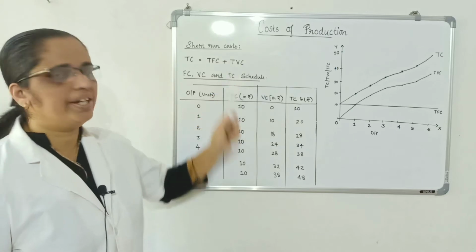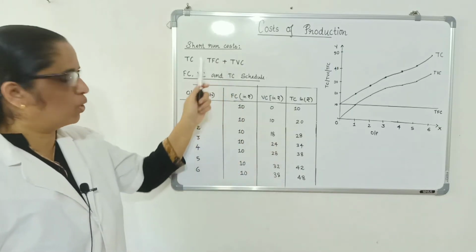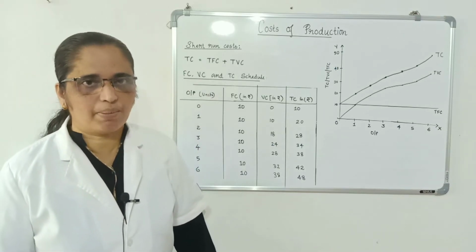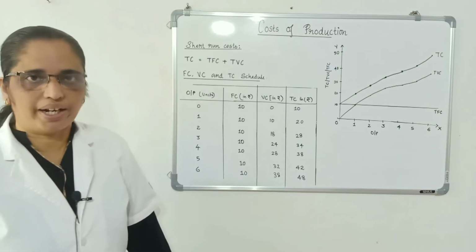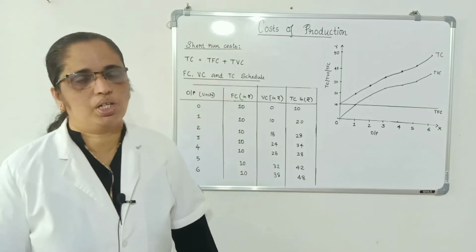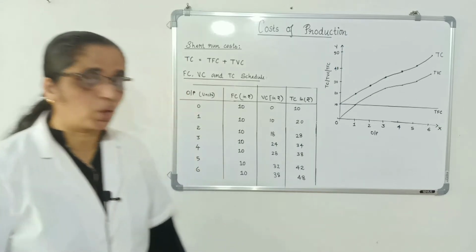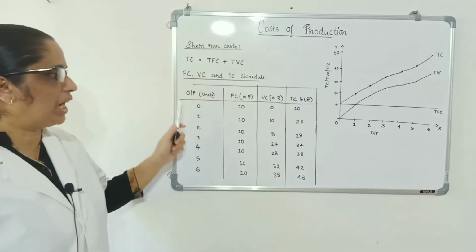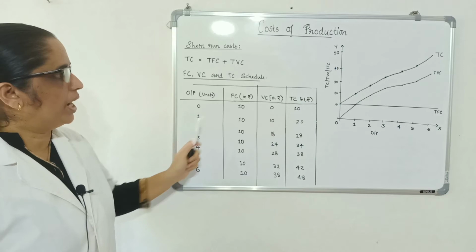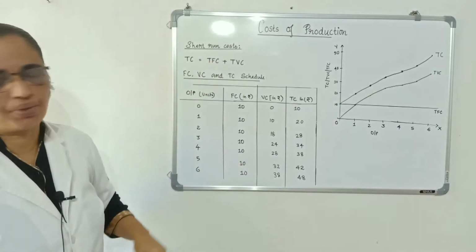Variable costs vary with the level of outputs. Examples of fixed costs: expenditure on plants and machines, land and building, etc. Examples of variable costs: costs of laborers and cost of raw materials. Now with the help of a schedule and diagram, we can study short-run costs.